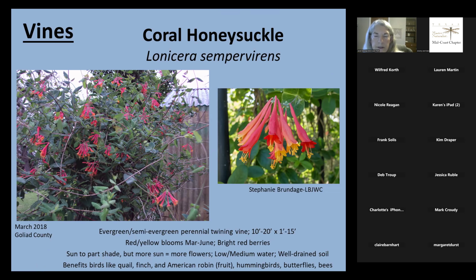The more sun, the more flowers it'll get. It pretty much will stay green through the winter, even if it freezes. But if it does freeze down, don't worry, because it'll come right back. Just trim the dead part off. Now, I didn't trim mine at all this past winter. We had some pretty hard freezing nights, and it didn't freeze at all. So down along the coast, I'm sure you're good there.